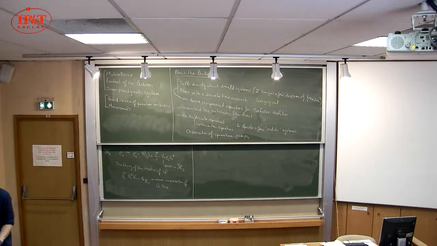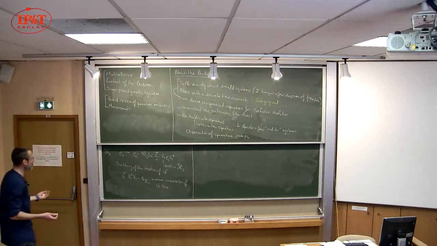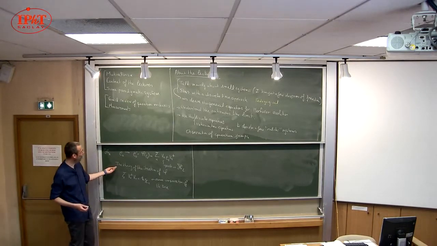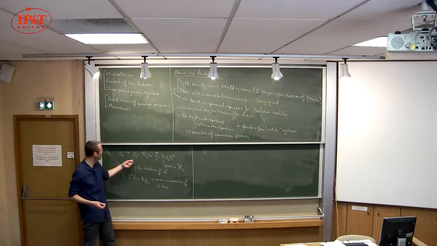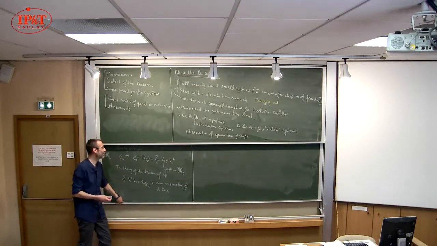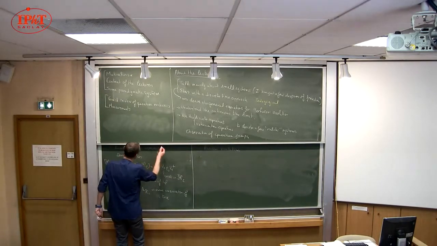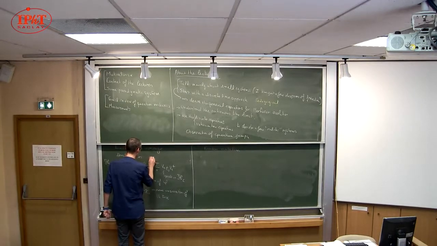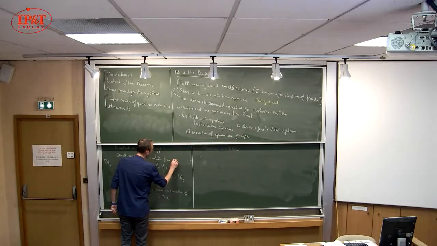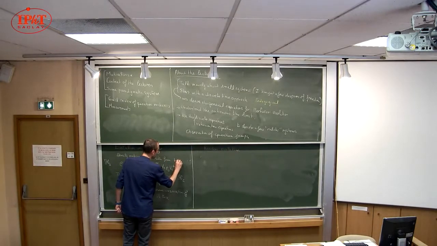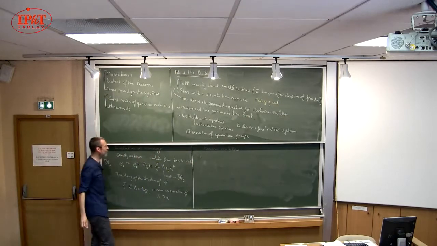Is it evolution? Well, as I said, we want to make the theory of iteration of psi, and this is just the evolution between t and t plus delta t, if you want. T equals n plus 1.